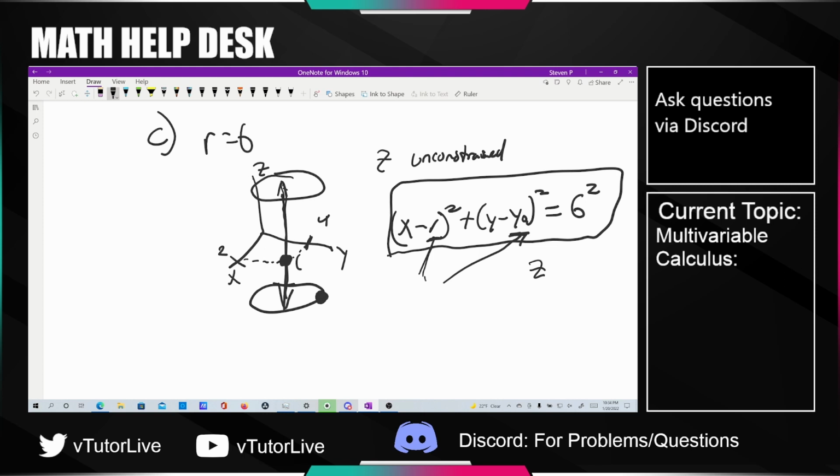To make things concrete, if the radius is 6, and let's say that this is x is equal to 2 and y is equal to 8, so the point 2, 8, anything is going to be an explicit solution to this equation right here. Yeah?